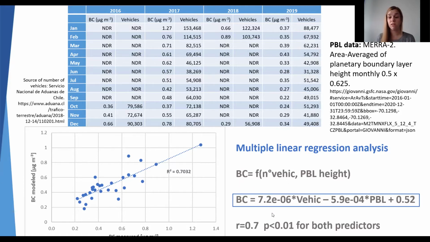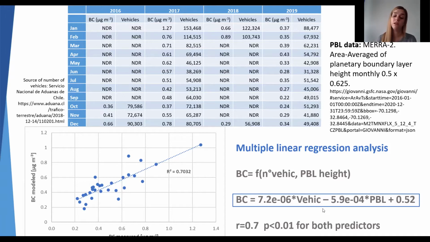We can see that the number of vehicles has a positive coefficient. That means that the higher the number of vehicles, the higher the black carbon concentrations. And the PBL shows a negative coefficient.